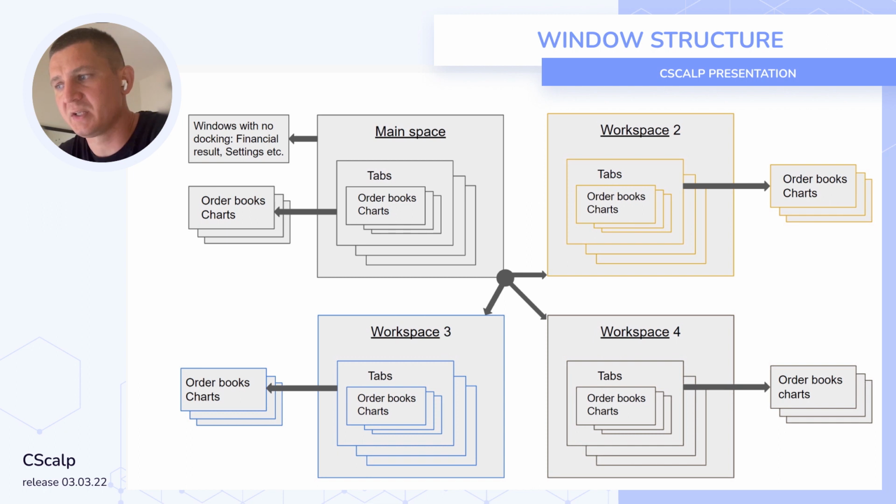Generally, all this is already familiar to you. Traders appreciate it in CScalp, but now it has become more convenient. The last, lowest level is windows, order books, and charts that belong to a particular tab. And now, thanks to docking, you can combine them into different structures.